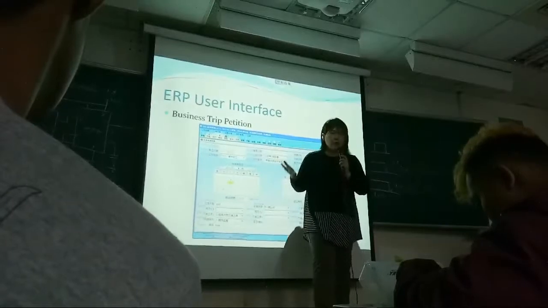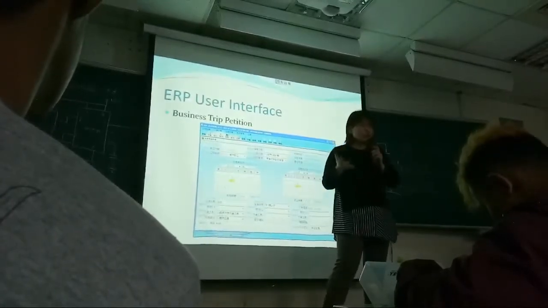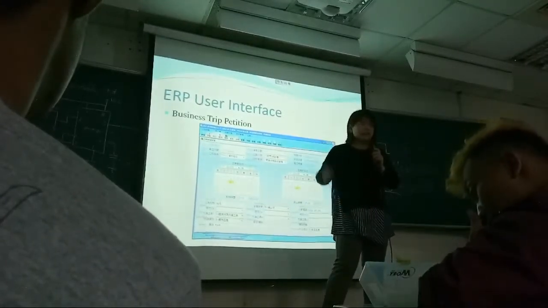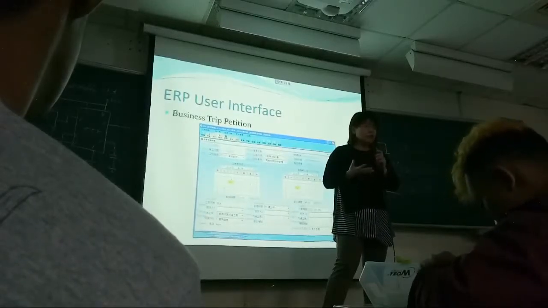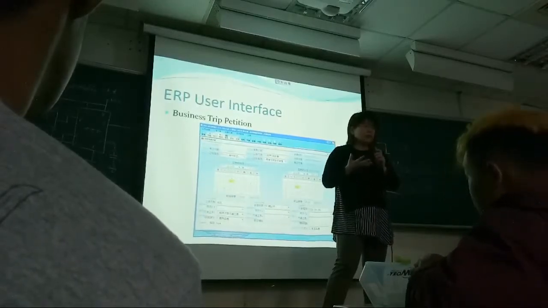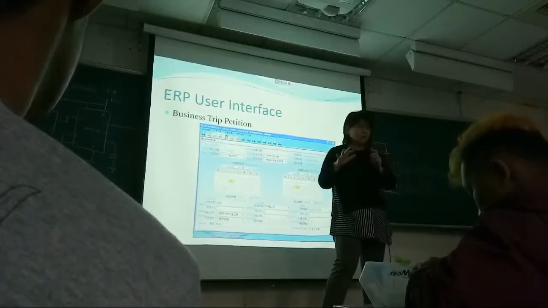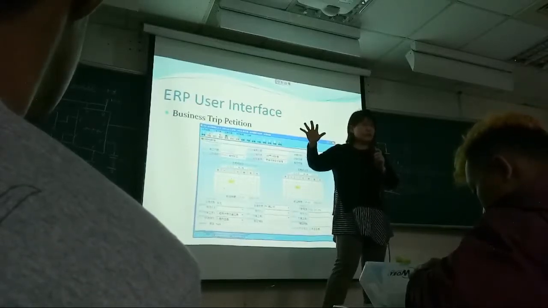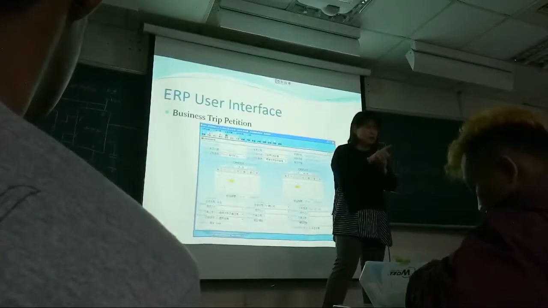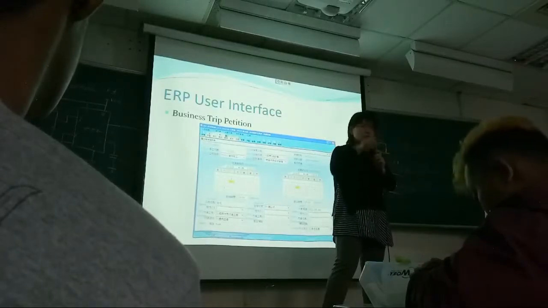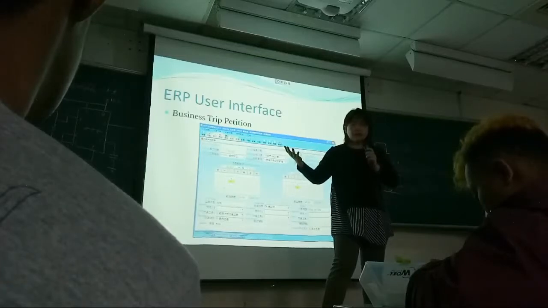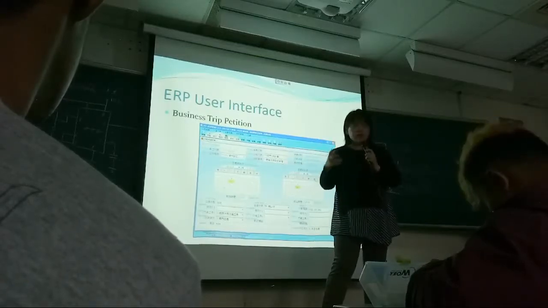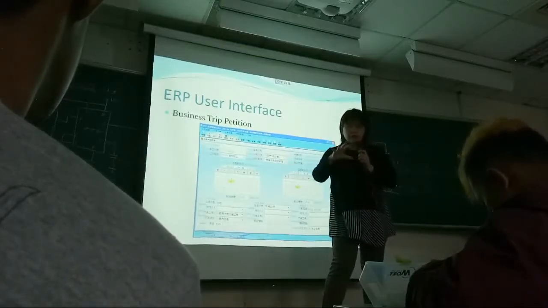Press save, then you send the bill. Anyone in the company will know where you go today. That data is important to the company because each employee is doing something, going somewhere, and everyone knows that, because the company needs to know everything.